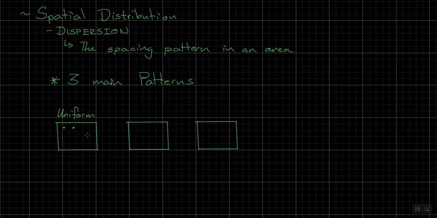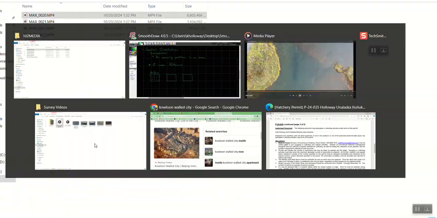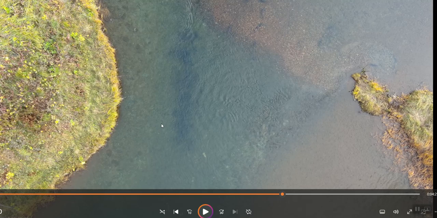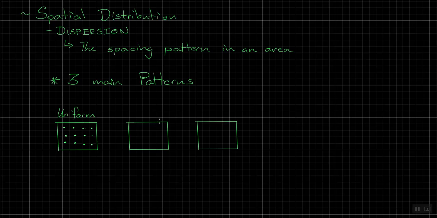Uniform distribution looks like this, where they're all essentially equally spaced all the way through. When we click back over, it's just equally spaced. Do we have uniform dispersion here? No. So, means that maybe we don't have it.